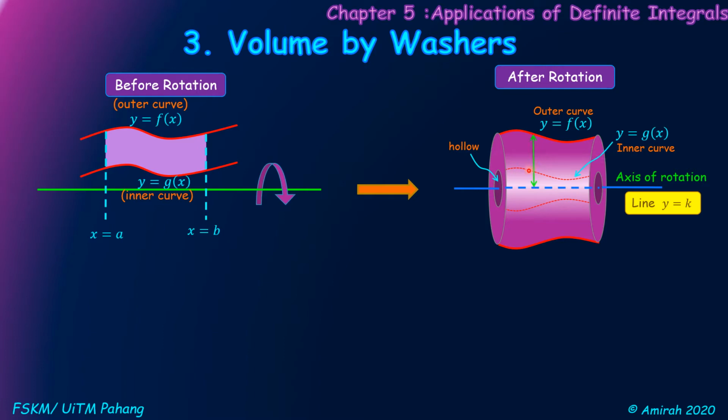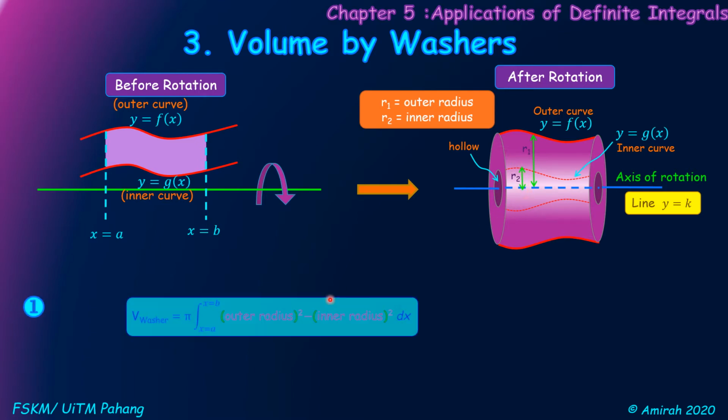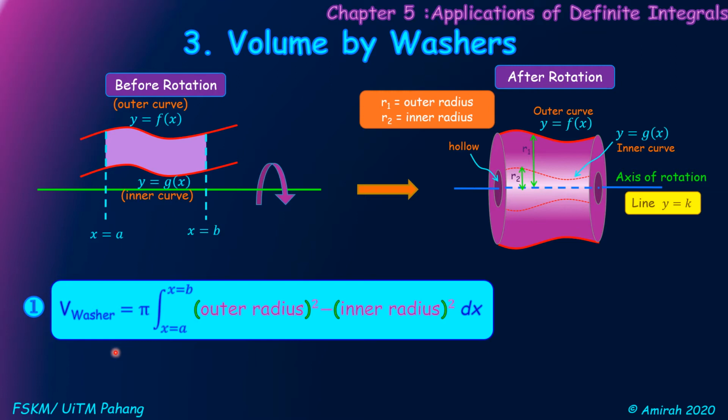The formula for the volume of a washer requires both R1 and R2, where R1 equals the outer radius and R2 equals the inner radius. Then we can set up the formula of volume by washer.